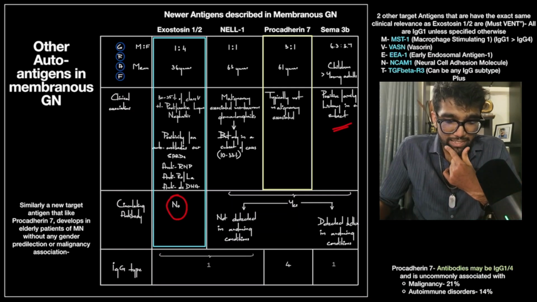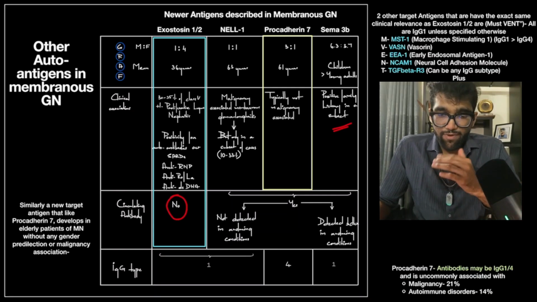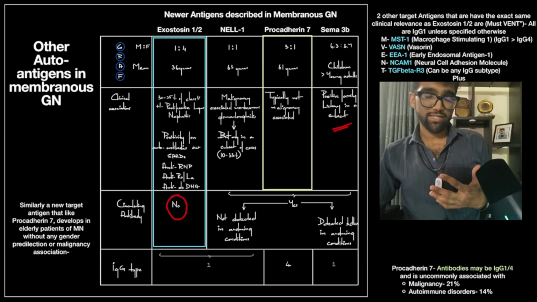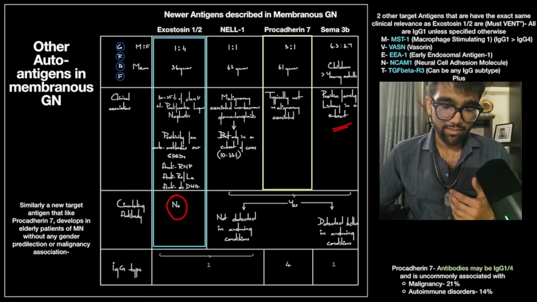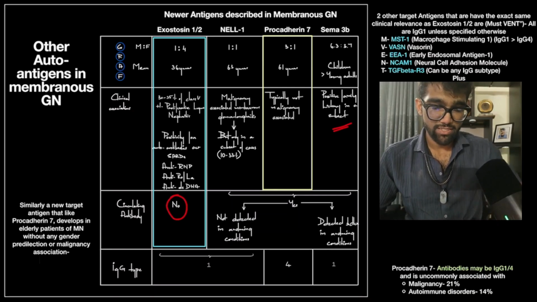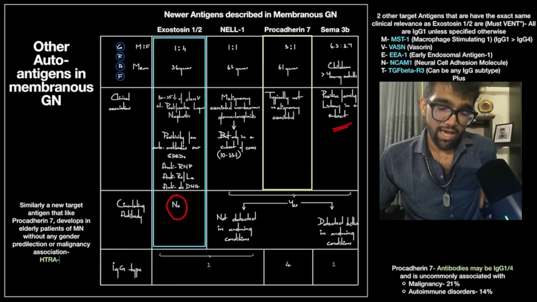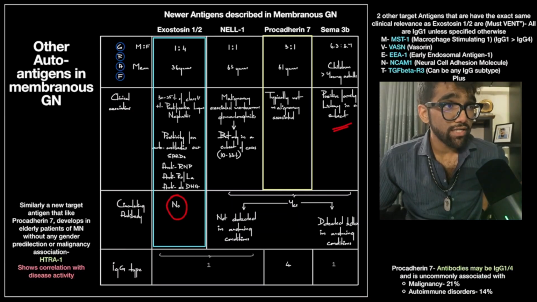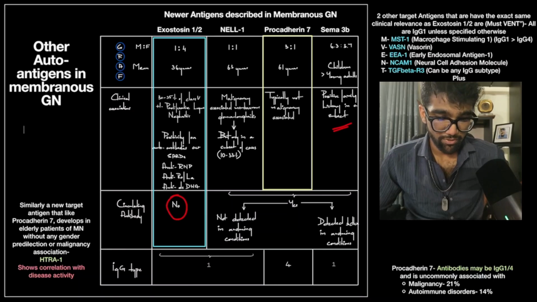Okay. Similarly, now, see, if I ask you this question, the next question I would ask is, like procalcitonin 7, is there any other antibody that occurs in older people but is not associated with malignancies? So that is HTRA1. Okay. And HTRA1, importantly, the serum levels correlate with disease activity, just like your PLA2R. Okay.